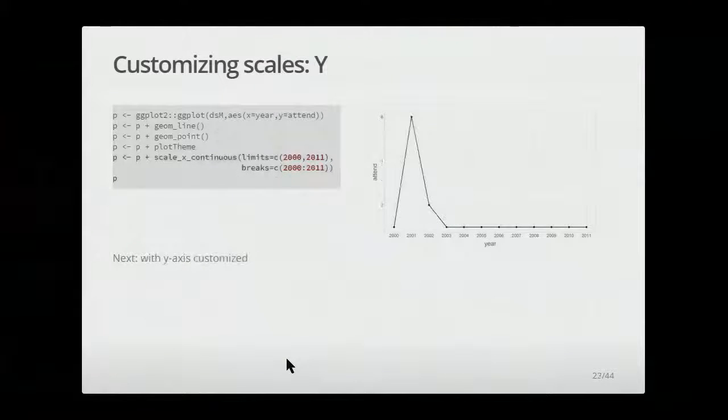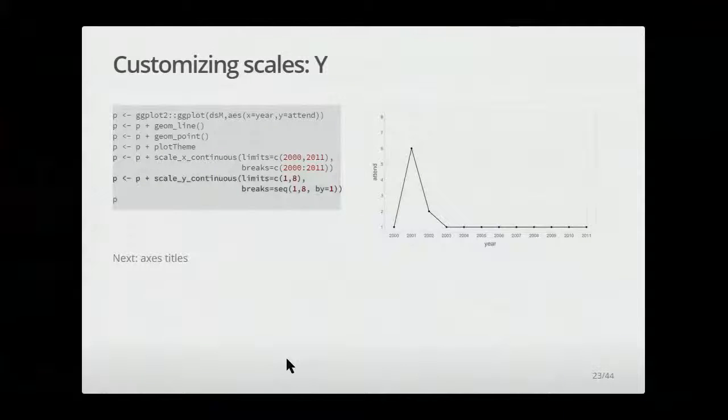Okay. So here I'm adding a similar element to the plot that does a similar thing to the y axis. So it limits the values to be from 0 to 1, and you can see how it changes from the default marking to the ones you specified.